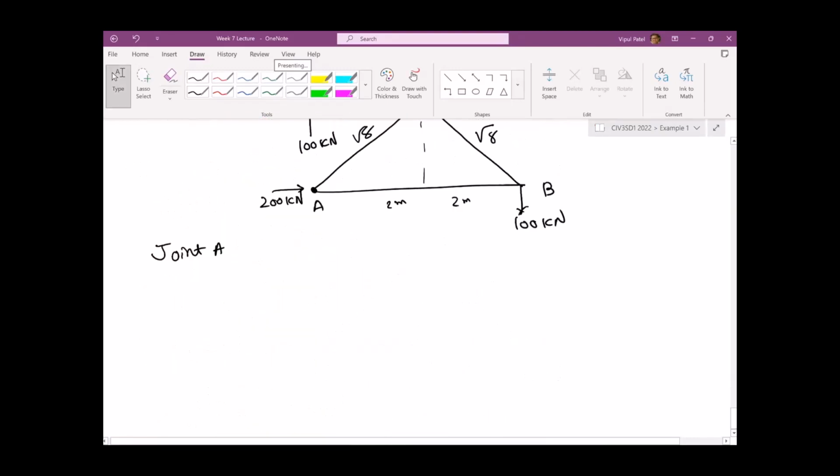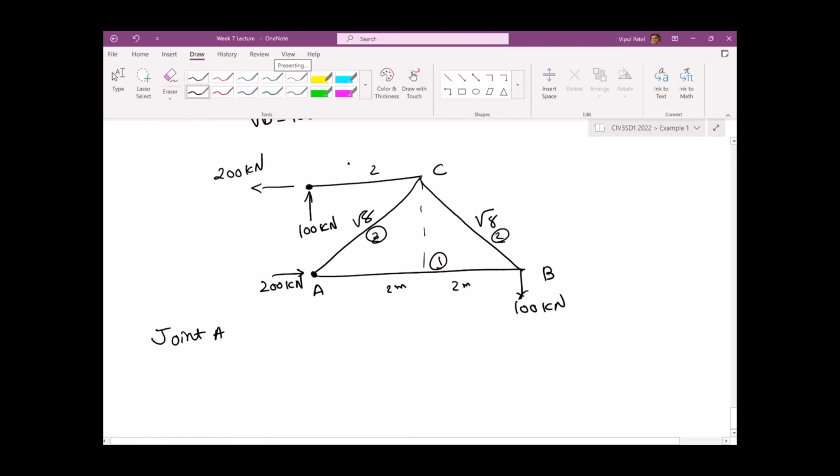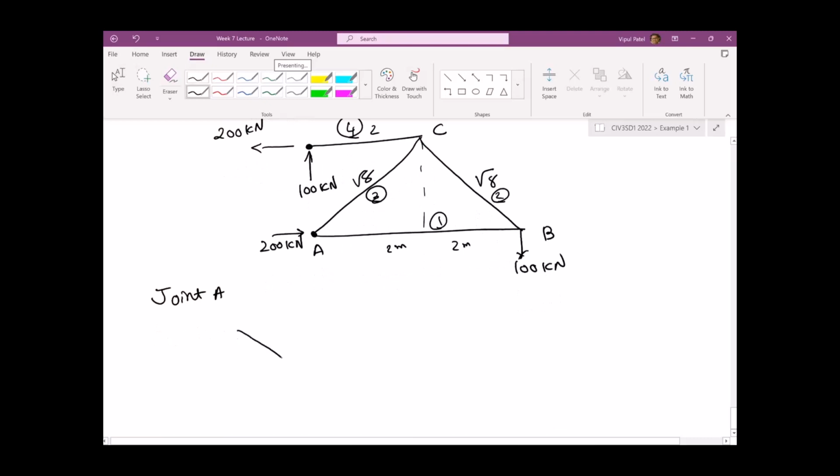The virtual system and the real system numbering will be the same. So you have 100 kilonewtons going down at point B, you have capital N1, capital N2, and this would be 2 over square root 8.